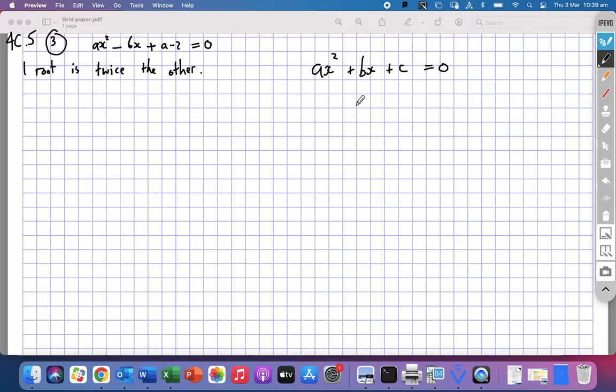The question tells us there will be. And we then know that the sum of the roots is minus b on a, and we've derived that in class. The product of the roots, alpha times beta, is c divided by a. All right.